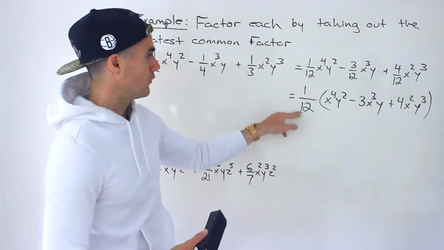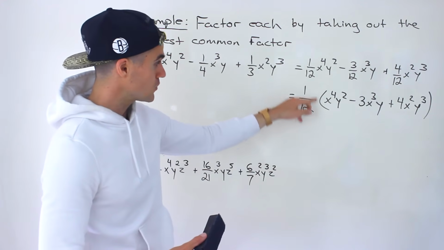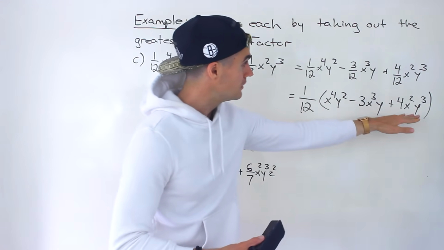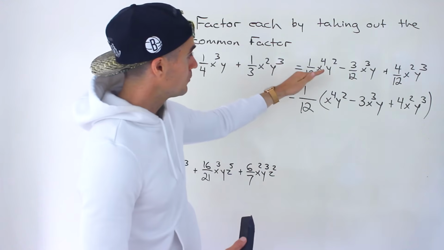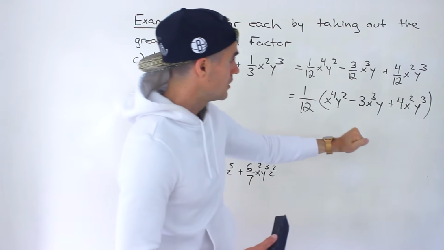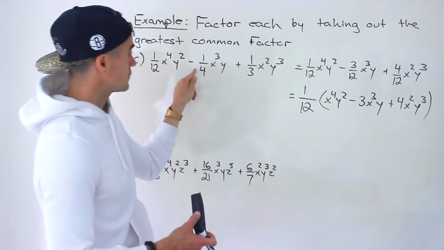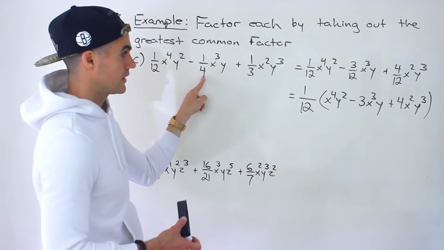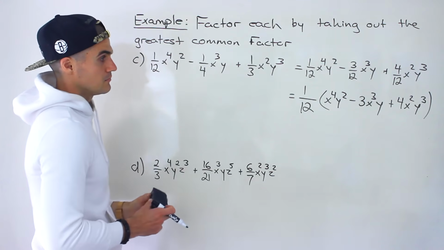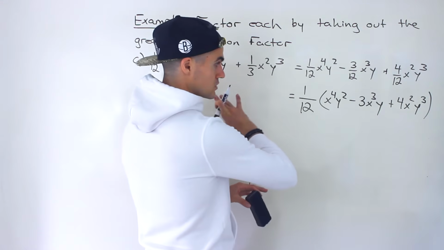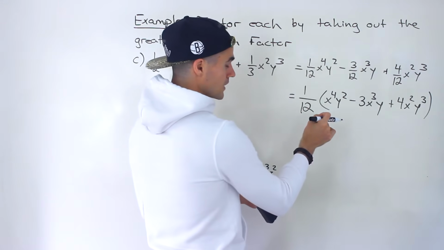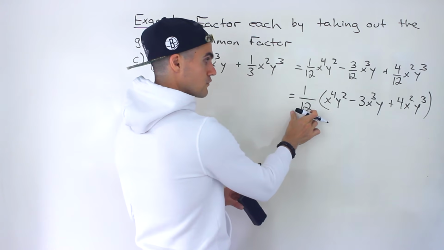We took out 1 over that common denominator of 12. If we took this 1 over 12, redistributed back in the bracket, we would end up with this expression over here. And then when we simplify those two fractions, we'd end up with this original expression. Okay, but again, we're factoring, so we're not expanding, we're going the other way. Took out the 1 over 12, and now we're good.